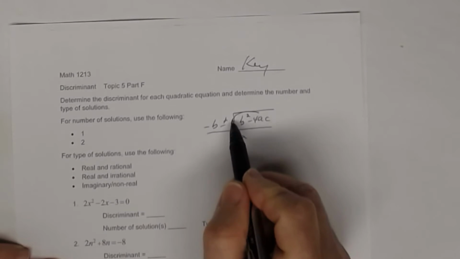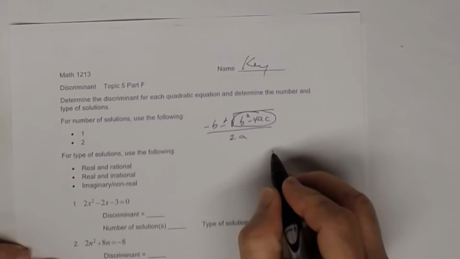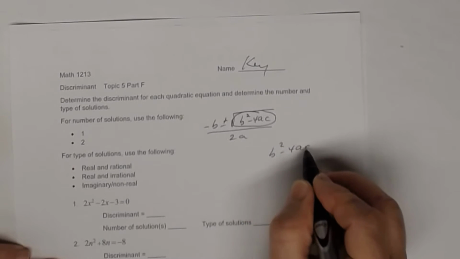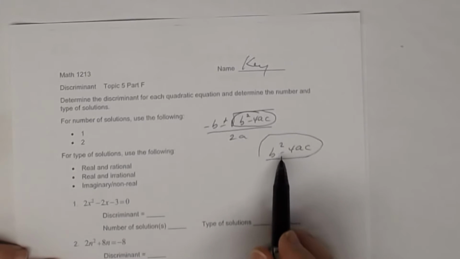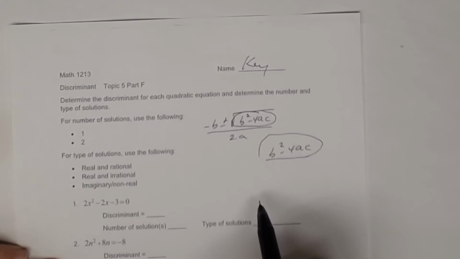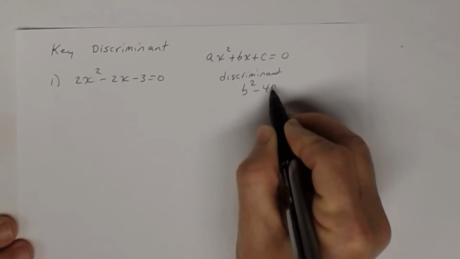So this part right here, this radicand, that b squared minus 4ac, that is the discriminant. And for each of those problems, you're going to use this expression, b squared minus 4ac.